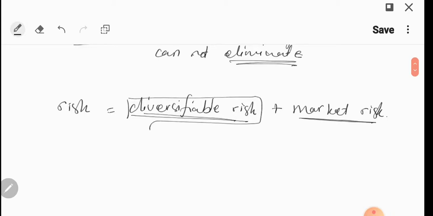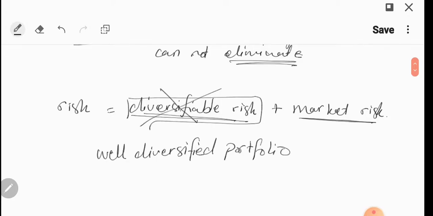If you have a well diversified portfolio, that would mean that you have already diversified all of the risk away. So in that case, the only relevant risk will be the market risk. You now need a measure that can capture the individual stock's relationship with the market.